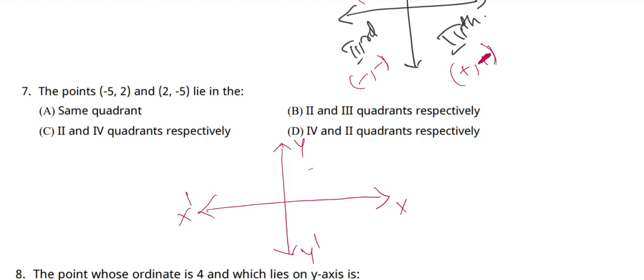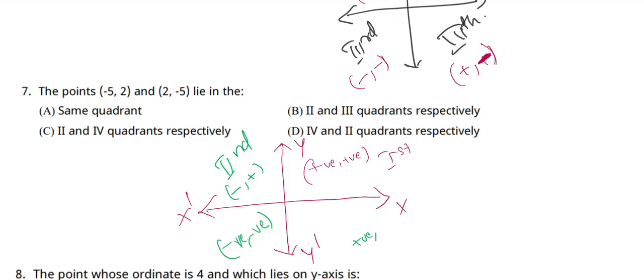And you know that the first quadrant is positive positive, in the second quadrant the points are of the form negative and positive, in the third quadrant negative and negative, and in the fourth quadrant positive and negative.